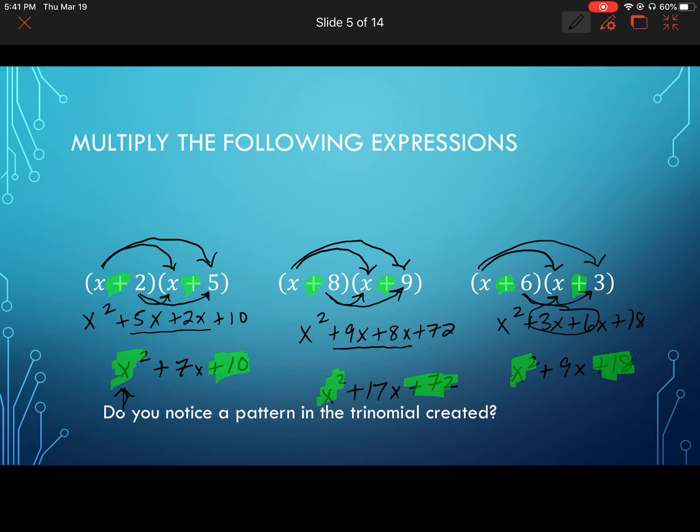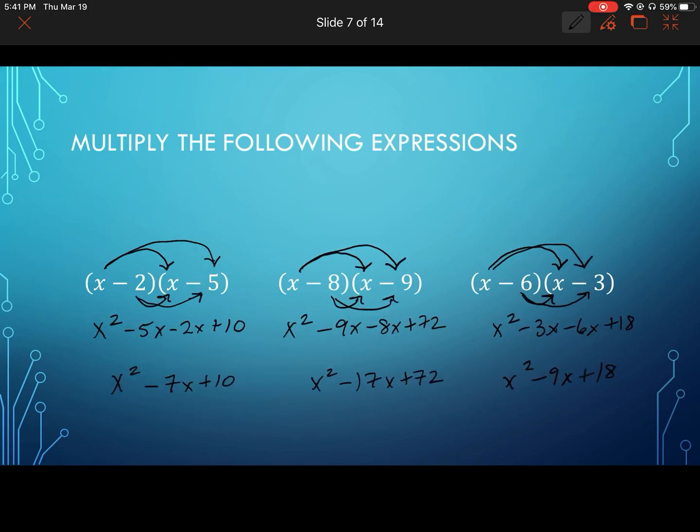It's the same numbers, right? 7x, 10, 17x, 72, 9x, and 18. But it's different because that middle term is negative. Okay, so a small difference. Also notice that the constant values, the last term, 10, 72, and 18, those are all the same as well. Have you spotted the pattern yet?